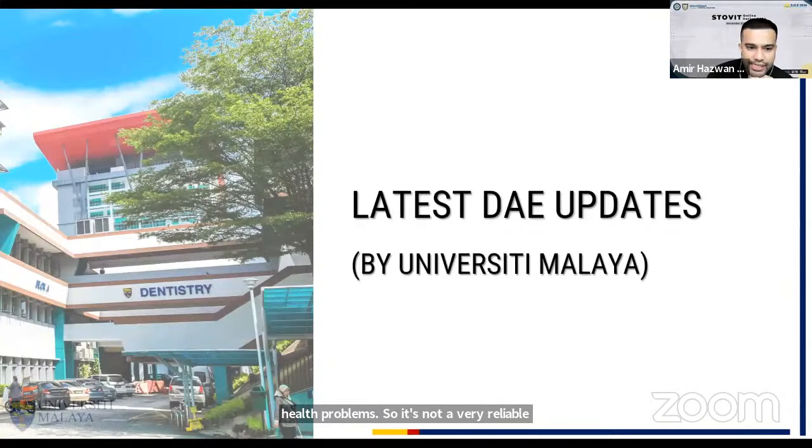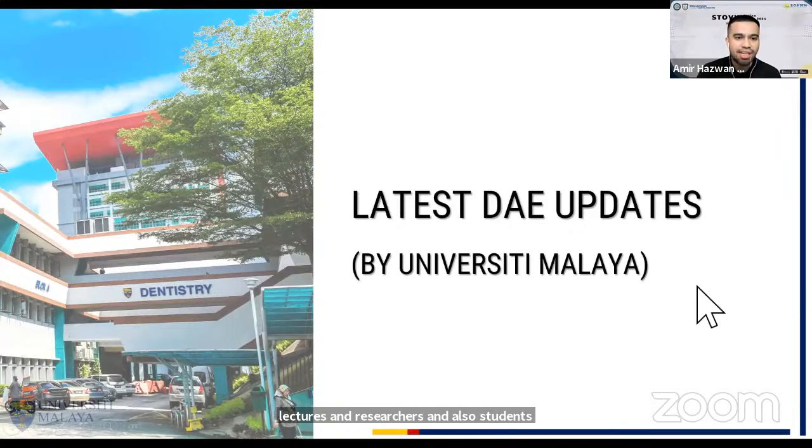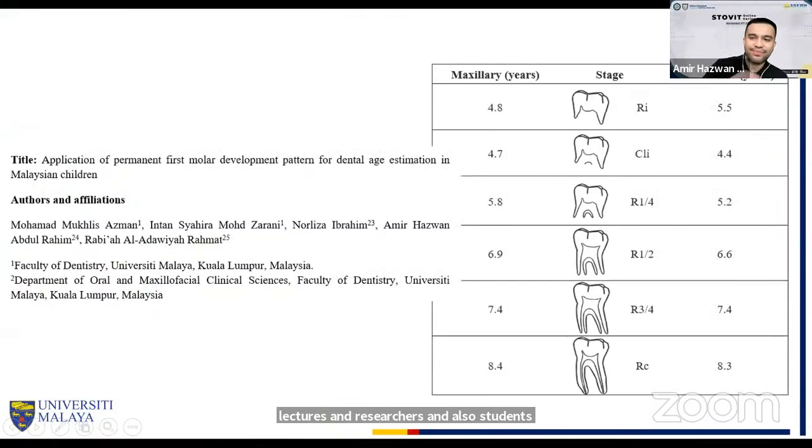Okay, so these are the latest updates on our methods that have been performed by our lecturers, researchers and also students at University of Malaya. So this is our faculty. This is our preliminary finding from the previous undergraduate projects. We use Morris method to estimate age based on just one tooth.